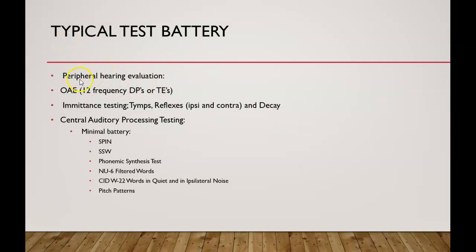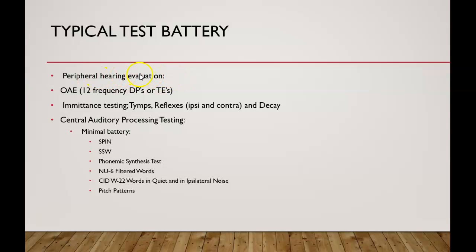So we always do a peripheral hearing evaluation. In fact, in order to move on to the auditory processing battery, a person needs to have normal peripheral hearing. So if a person doesn't have normal peripheral hearing, I know that they're going to have auditory processing disorder. I don't go any further than that.